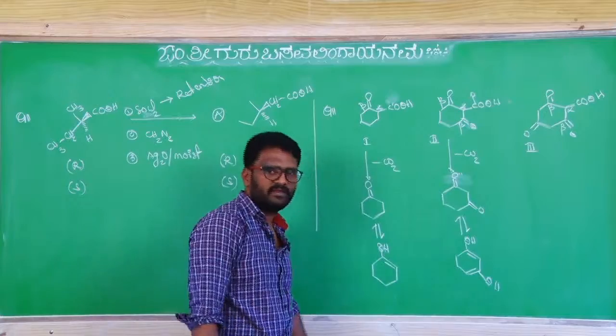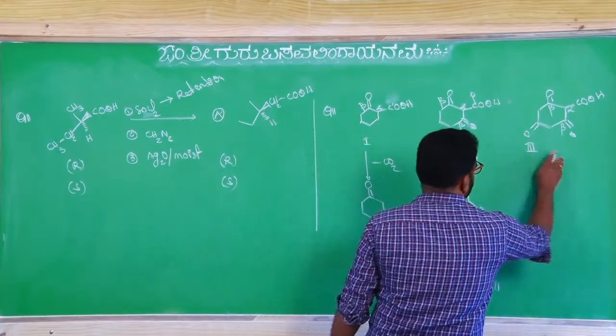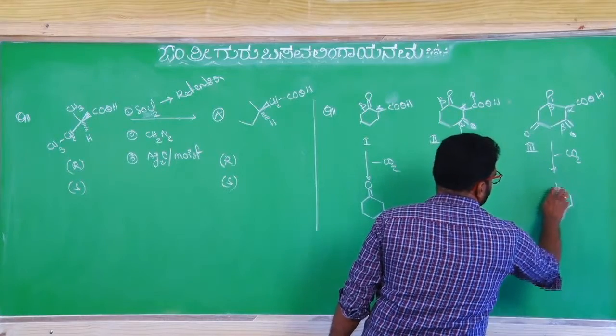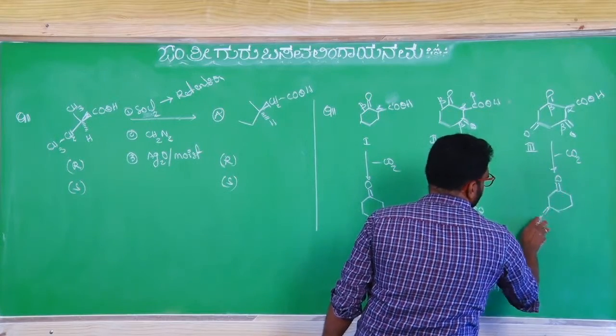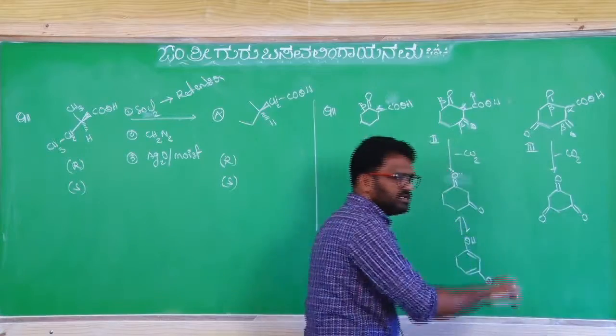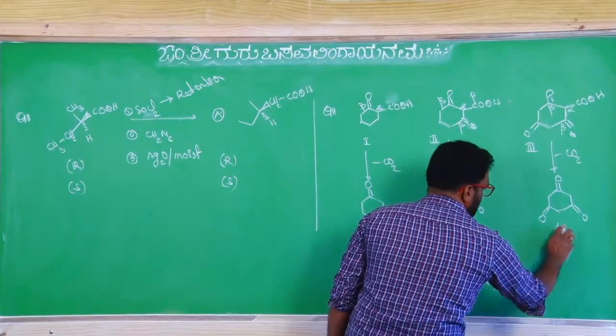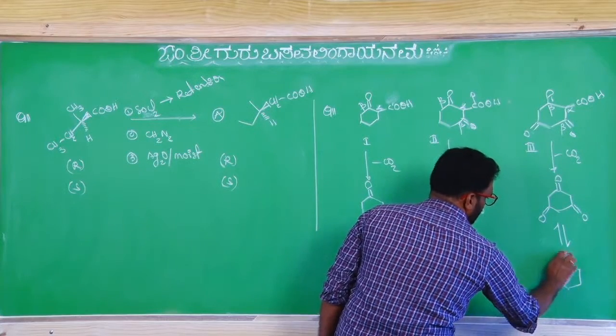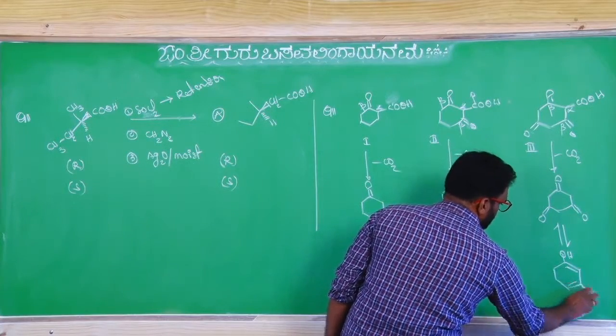Next, from the third one, after decarboxylation you will get C double bond O, C double bond O, a symmetrical triketone. If it undergoes keto-enol tautomerization, all three double bonds are converted into OH groups.